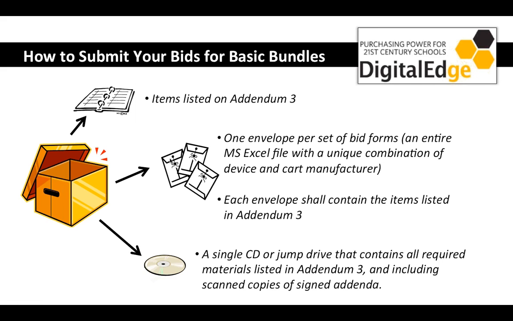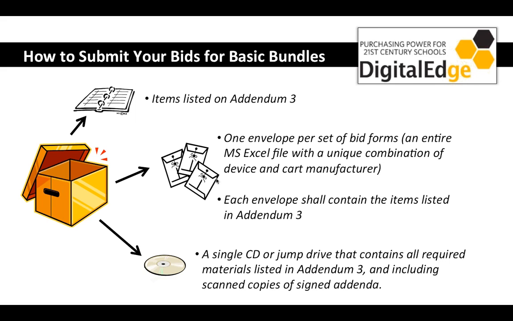And then if you go to another set of forms and open up another Excel file, and you want to bid on, let's say, for example, Samsung devices combined with Anthro carts, well, that's fine. You can do that. No problem. As a matter of fact, we want you to bid on anything you want to bid on. But that particular set of worksheets would go in this second envelope, along with the cart manufacturer support form and all specification sheets.